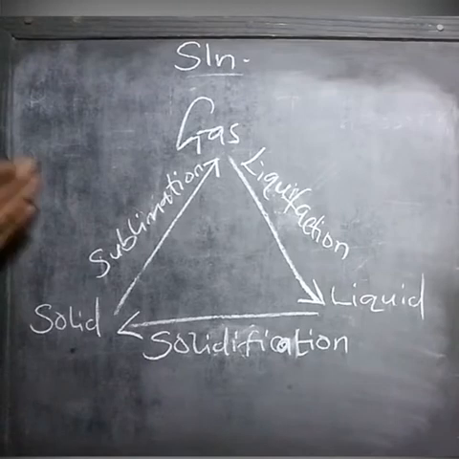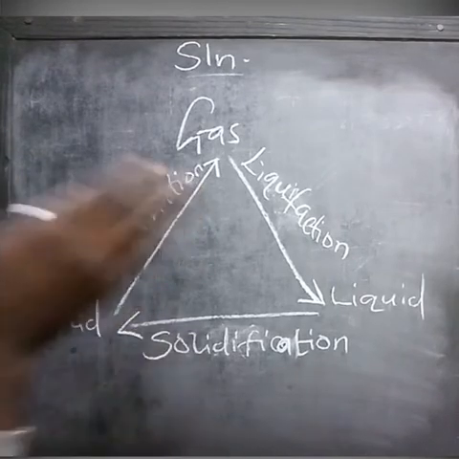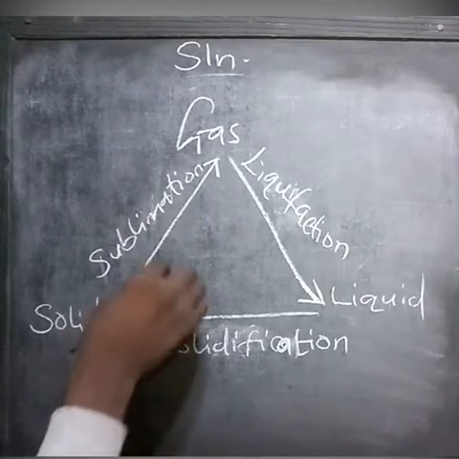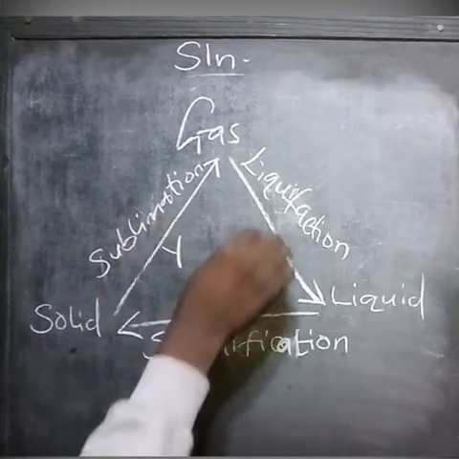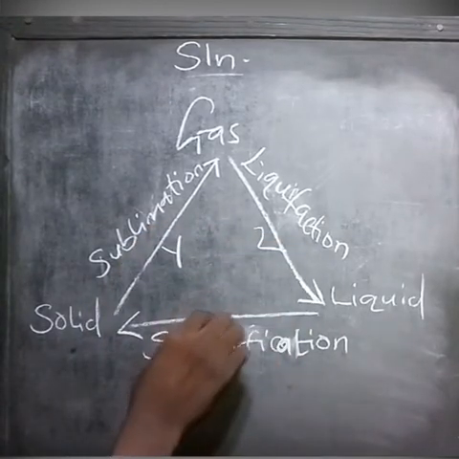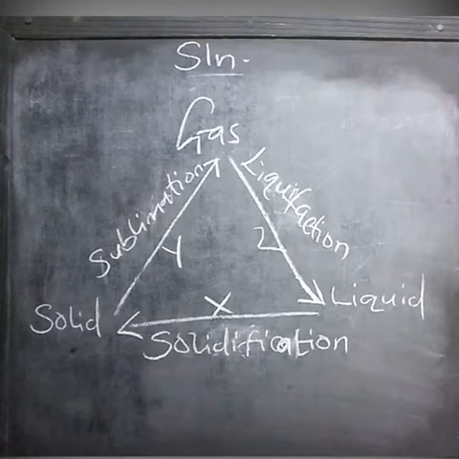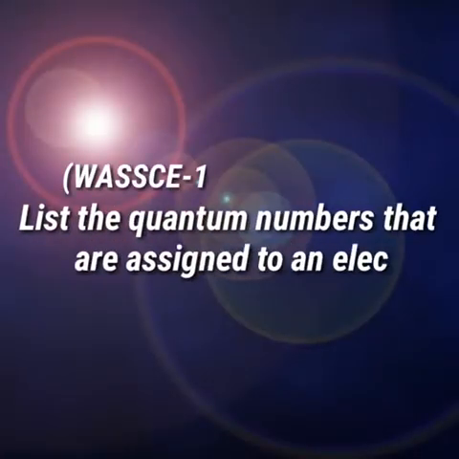So this is the value of X, Y, and Z. Y, Z, and X. So this is what they literally mean.